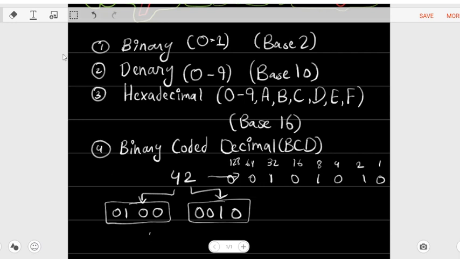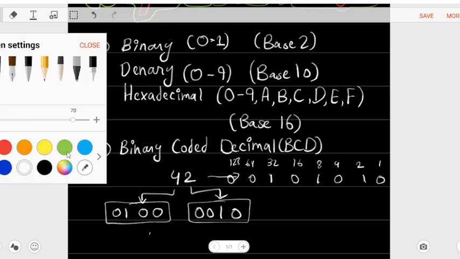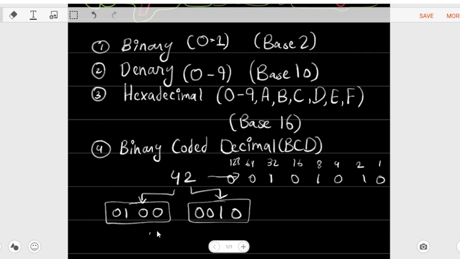But in BCD, this is the BCD system, and this is the binary system representation of 42. What BCD does is break down the entire number into its digits, and convert those digits into a 4-bit binary representation, so each digit is represented as 4 bits.